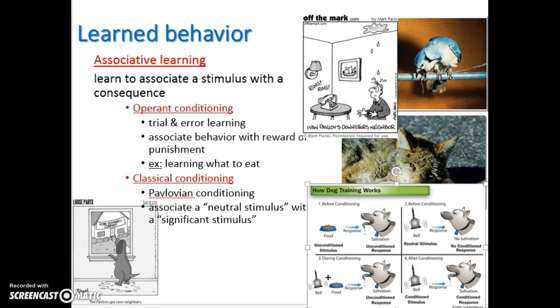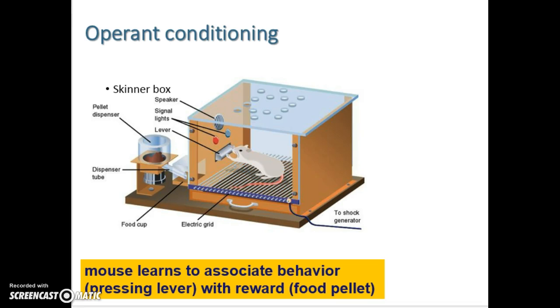The difference with classical conditioning, let's see here. So this is our operant here. This is another example where the mouse is learning to associate pressing the lever with the reward of getting food. So again, associative learning is, in this case, operant conditioning, and it's associating a reward with its actual behavior.